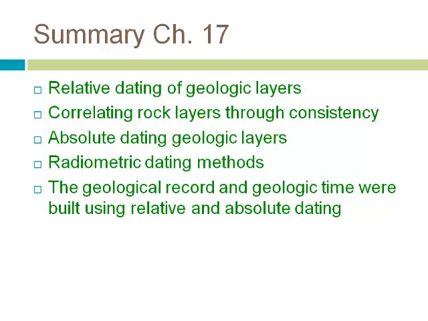We talked about how we correlate those rock layers through consistency of different structures, fossils, and lateral consistency, basically. And then we have the absolute dating of geological layers using radiometric methods. And then we put all those different ideas together to build the geological record and geological time.